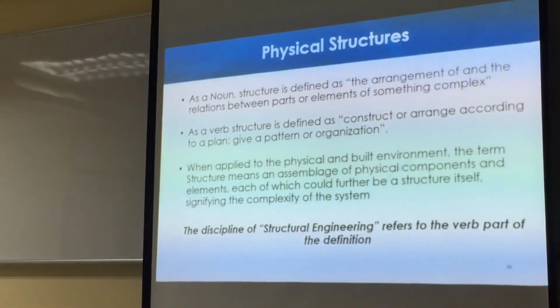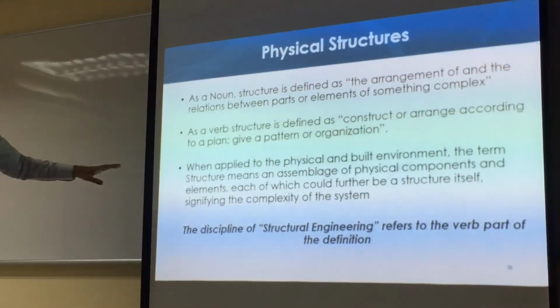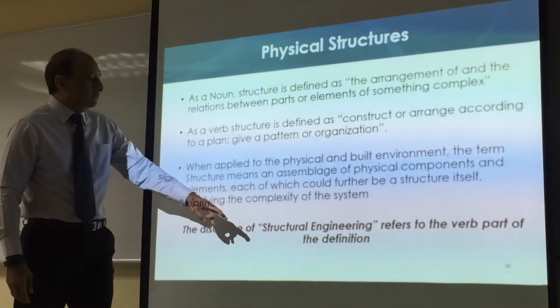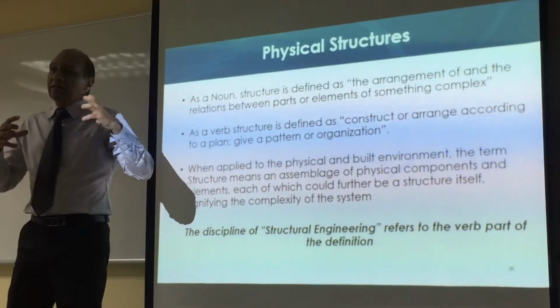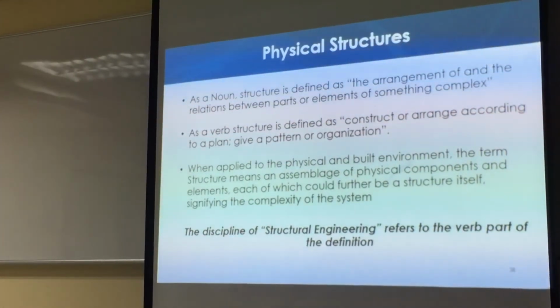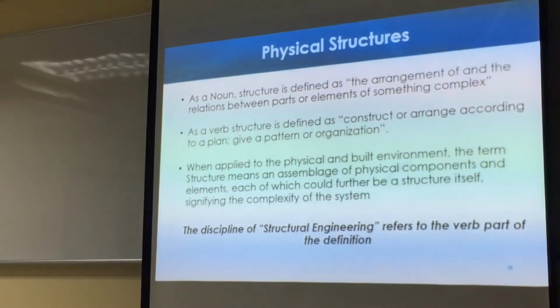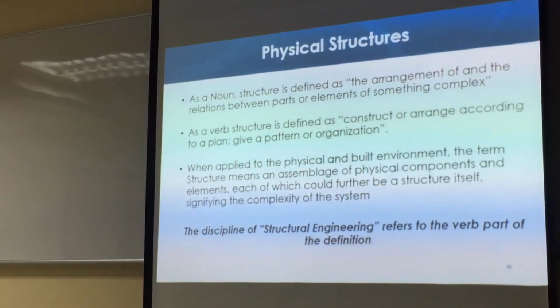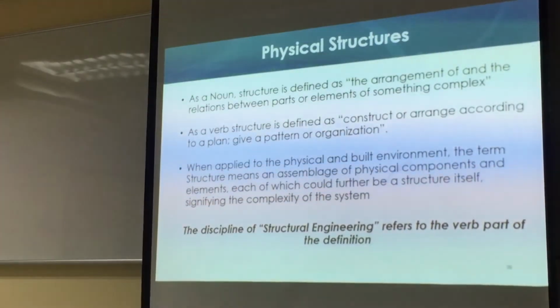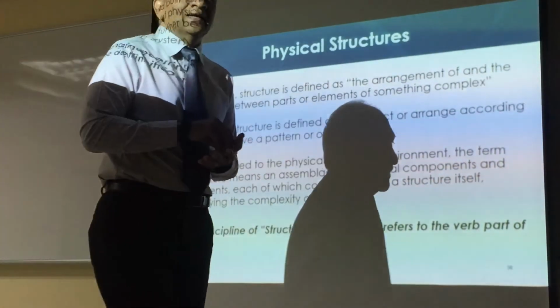When applied to the built environment, we say the discipline of structural engineering refers to the verb part of the definition. That means we are the people who plan in such a way that things can be constructed. That is our job. Ultimately, we are the people who plan things in such a way that they can be constructed.